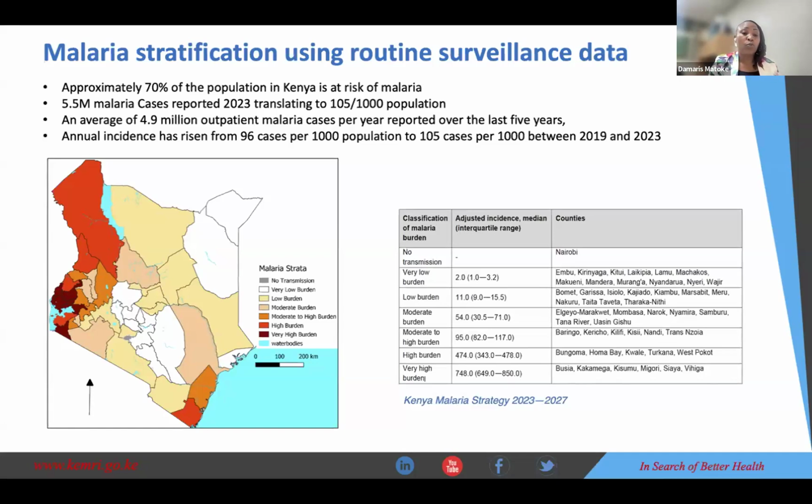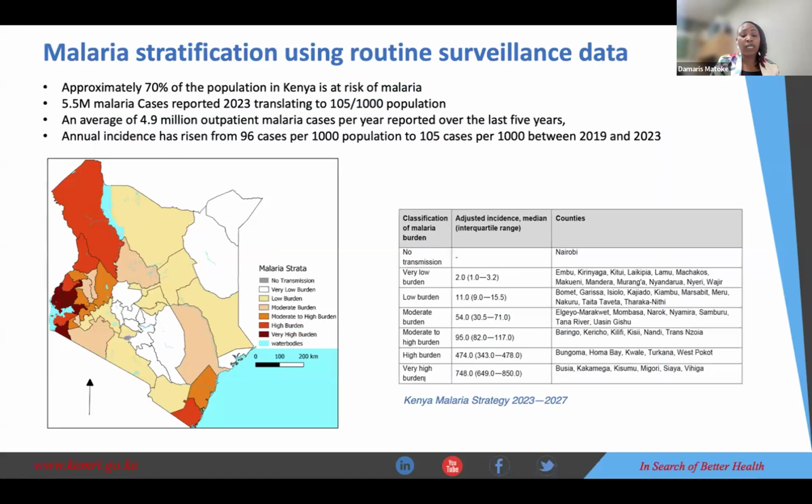To mention, we have 5 strata: the lake endemic, which are parts of Western Kenya; the coastal endemic, places near the ocean in coastal Kenya; and the highlands and epidemic prone areas in the country.